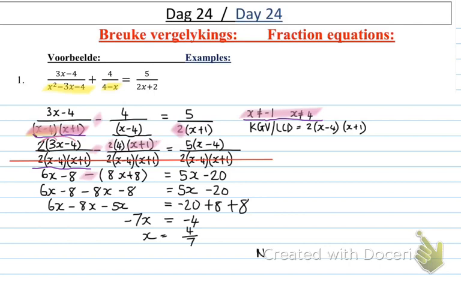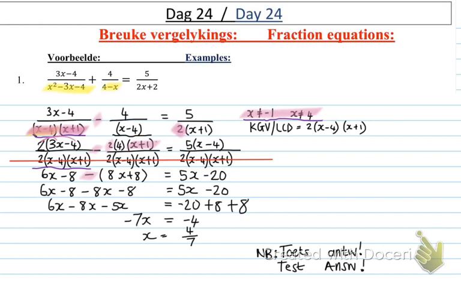Now, it's very important to test your answer. So first I am going to check if I have restricted this answer. Did I restrict 4 over 7? No, the only numbers that were restricted were negative 1 and 4. So those were not restricted.